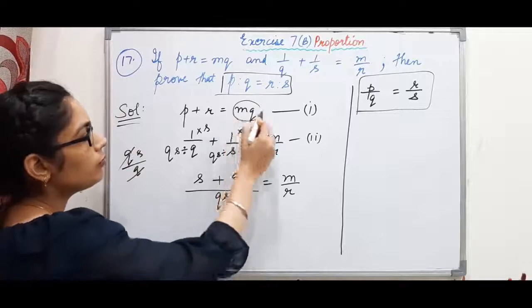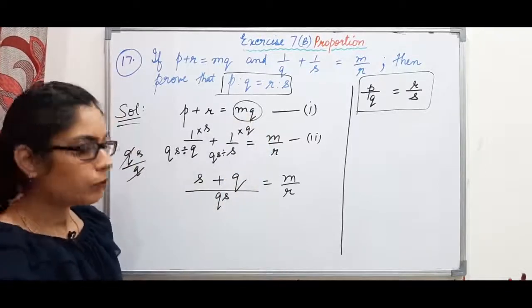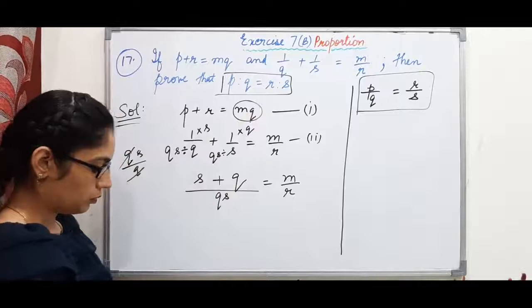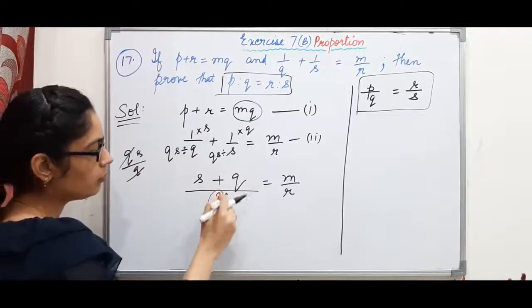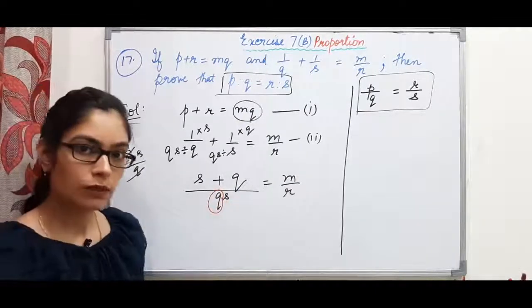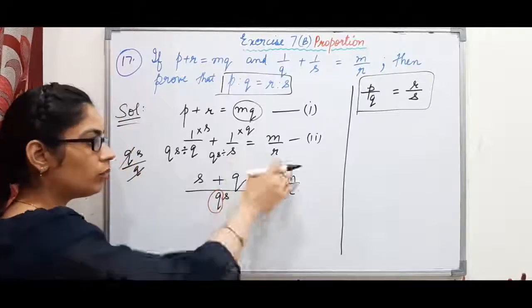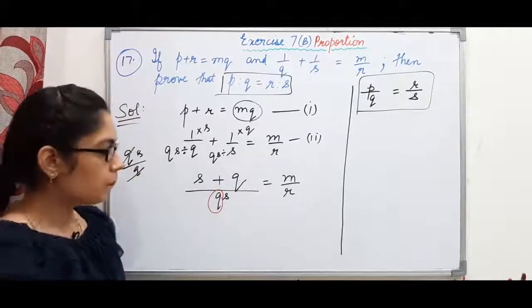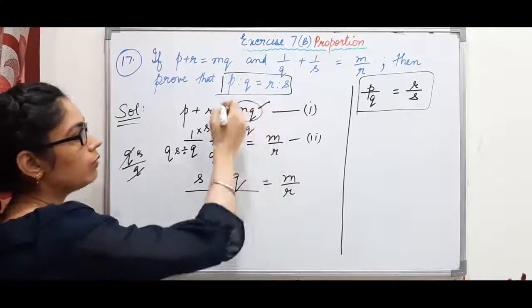Now see, we have been given the value of MQ, so what we can do here, this Q we can shift to the other side because in the numerator M is already there. If we shift this Q to the other side, we will get MQ whose value is given to us.